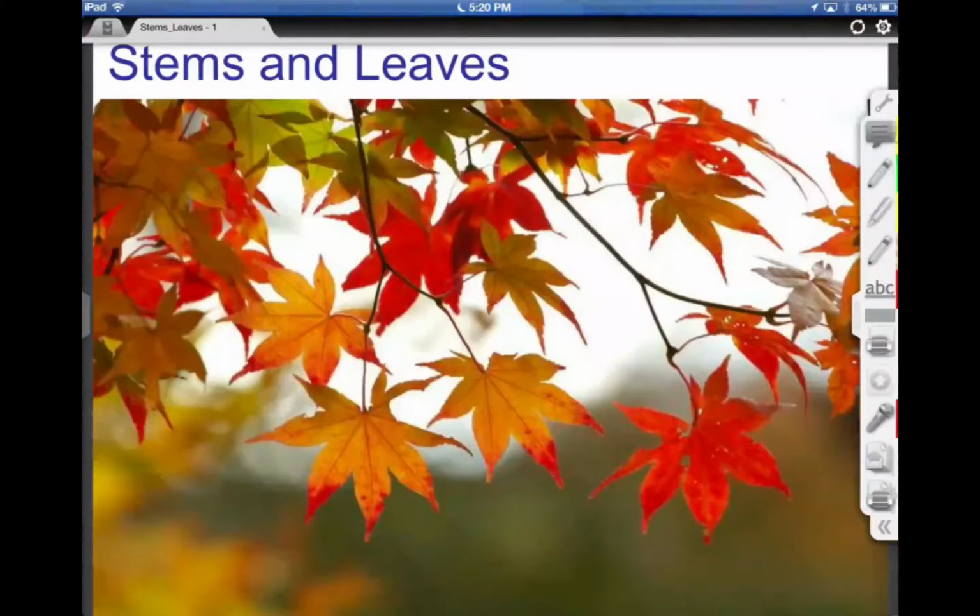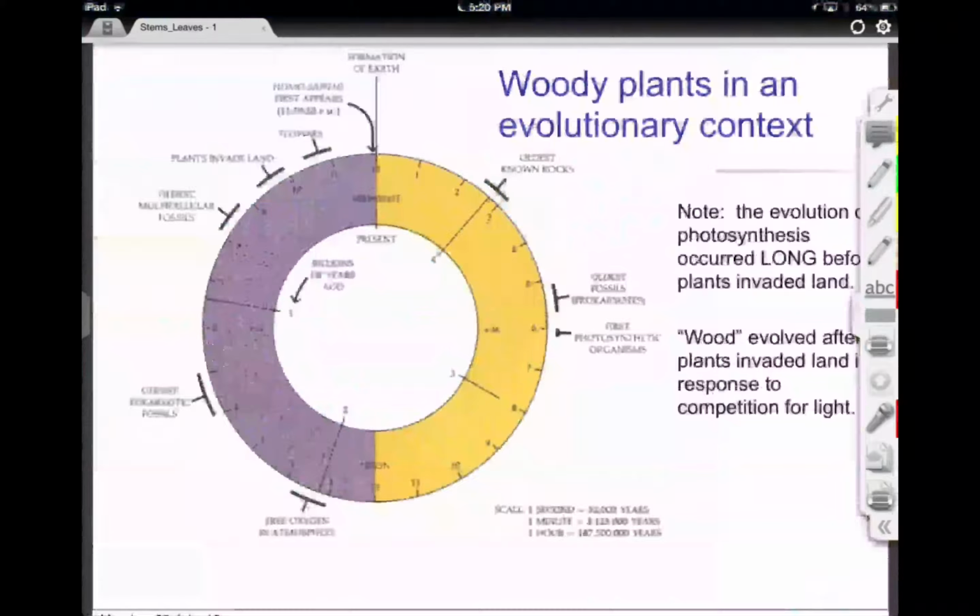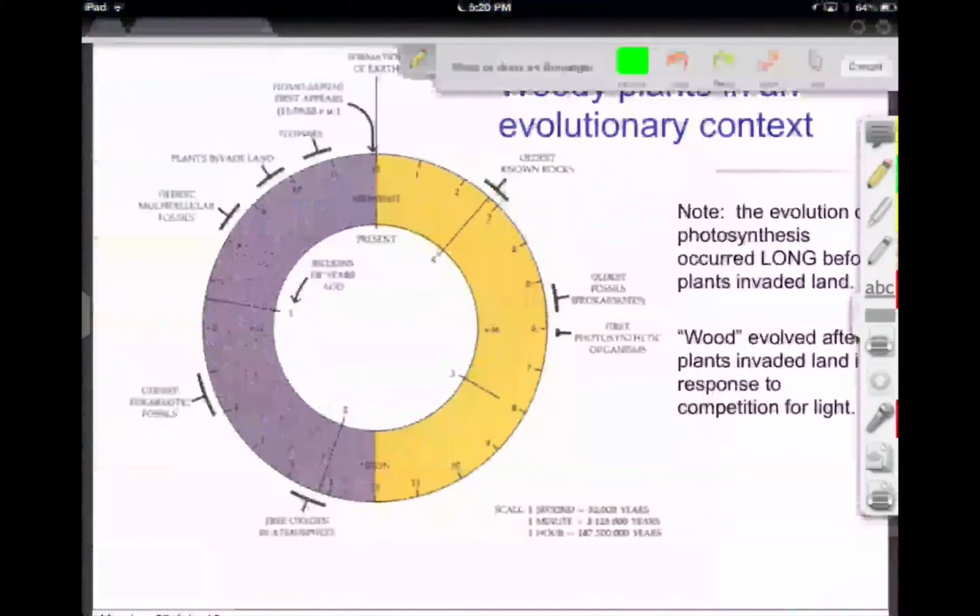Here is sort of like the great clock of the history of our planet. And what I find really interesting about this, the reason why I wanted to show you this, the first life forms, if you think about it in terms of pretty well one day, the first life forms show up around 4:30 in the afternoon. Okay, it takes quite a while.